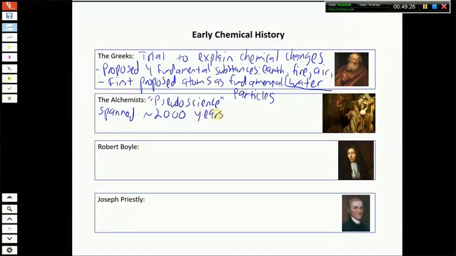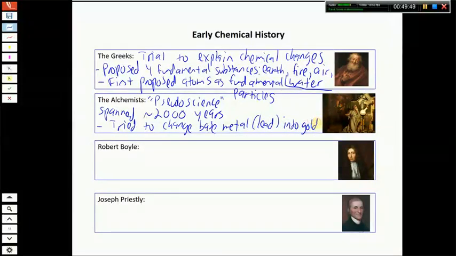Alchemists were around and trying to do their thing, and really their number one goal, and the reason they did all of these experiments, was they were trying to change base metals, or very cheap things like lead, into gold. In that period of history, and probably not too different than today, gold was the status symbol.